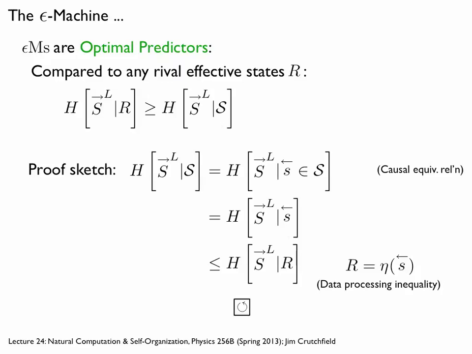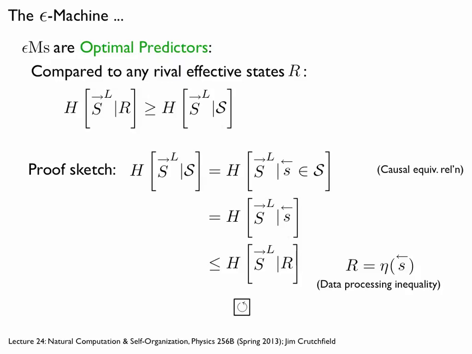But we know that any rival model is going to be some function of the past. Remember, that was that idea we first introduced, this notion of rival models. And it's a version of the data processing inequality, where if you take some function of the event you're conditioning on, the best it can do, or typically what it will do, is throw away information that was useful. And if you throw away information that you use, in this case to predict something, that can mean your predictions will be worse, that your uncertainty in the future is larger.